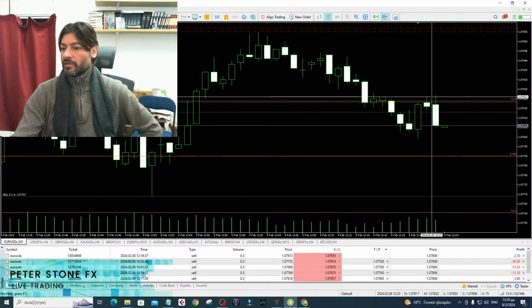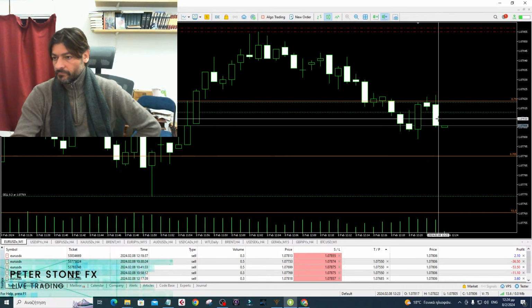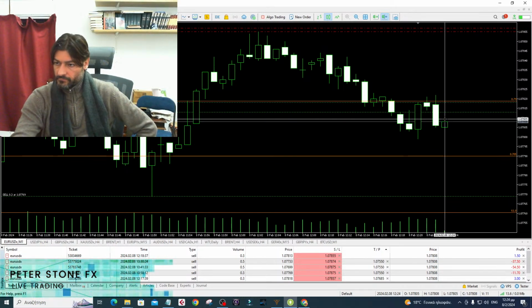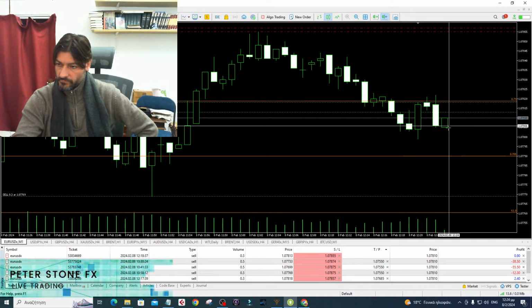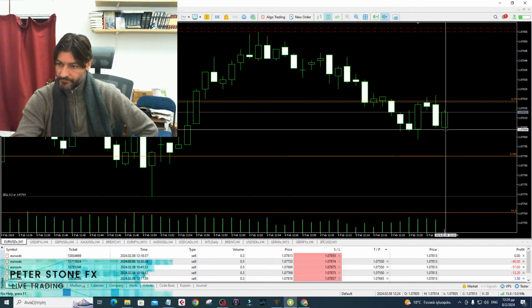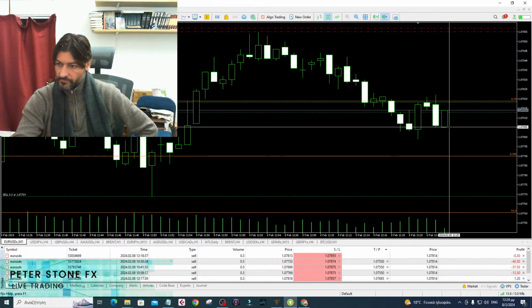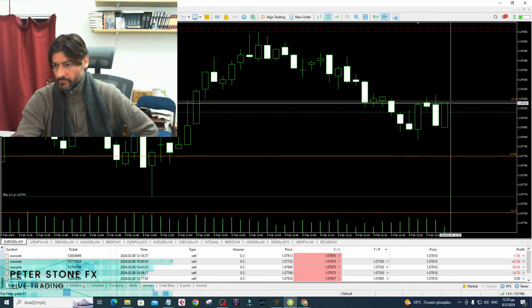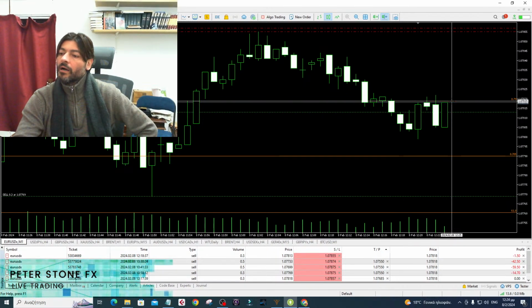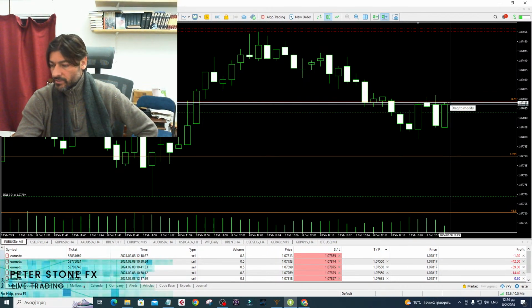They're not stuck to each other. Without a wick, let's see, this volume is interesting. This candle is interesting.